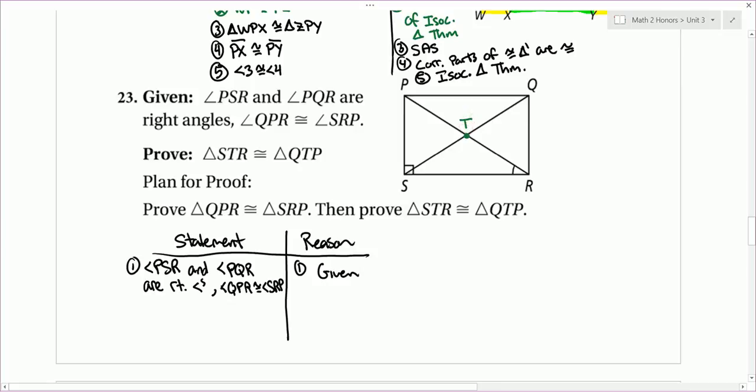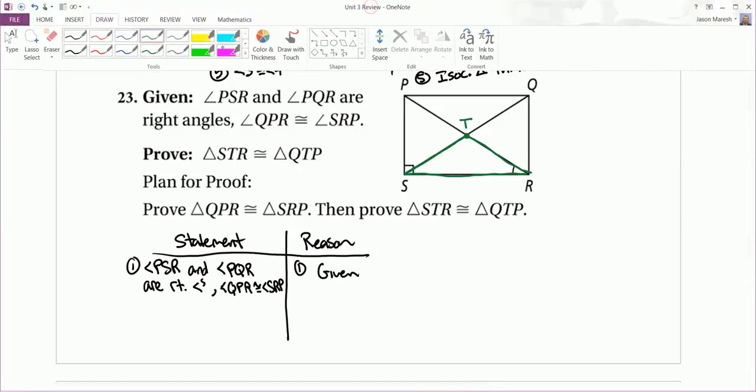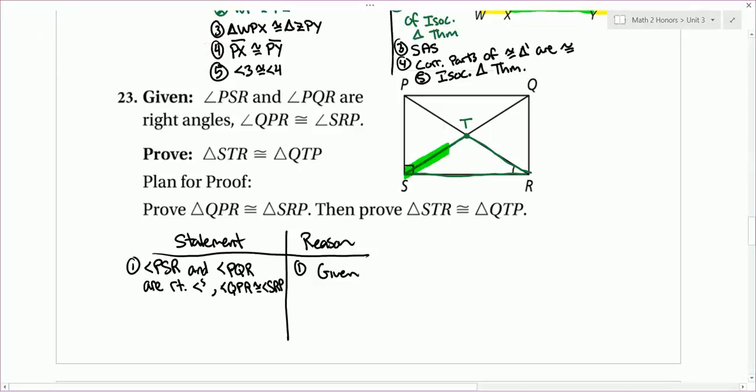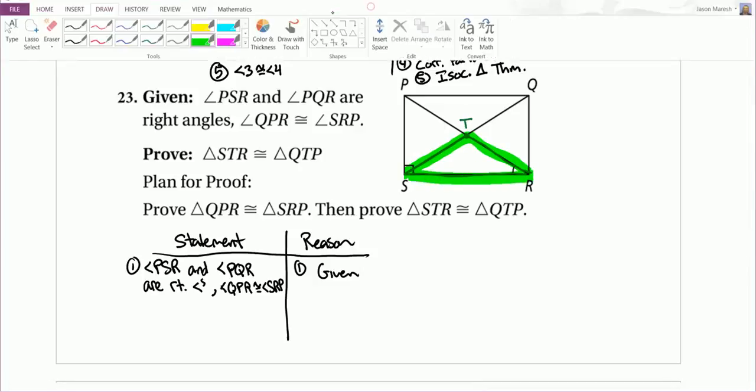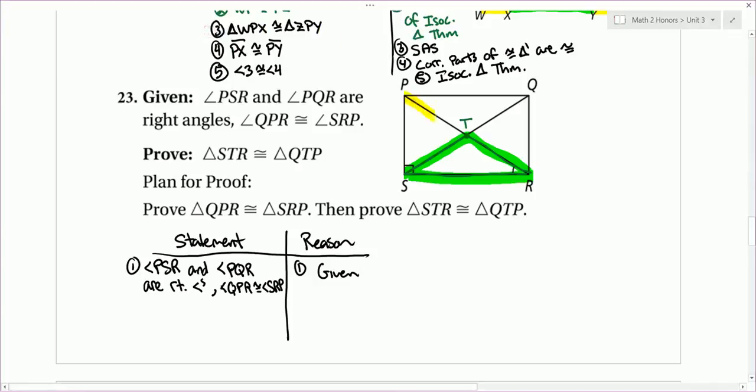So STR, we want to prove STR is congruent to QTP, that one congruent to that one. Okay. And they give us a plan for our proof.